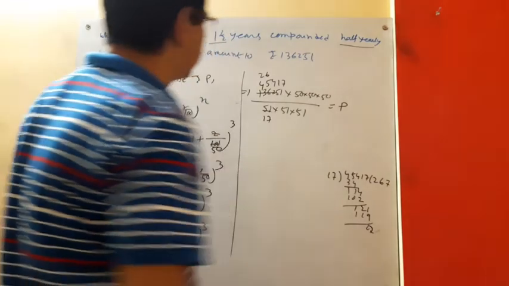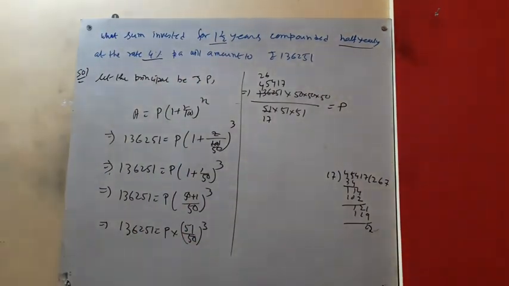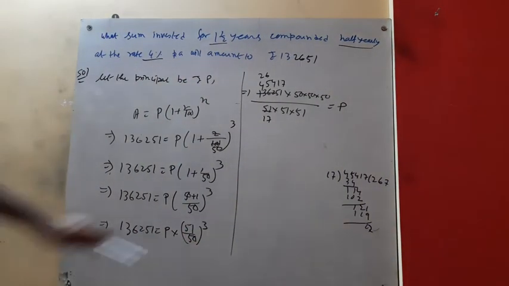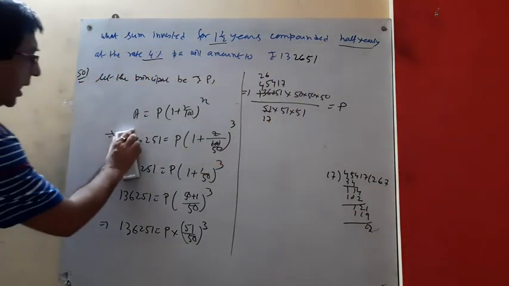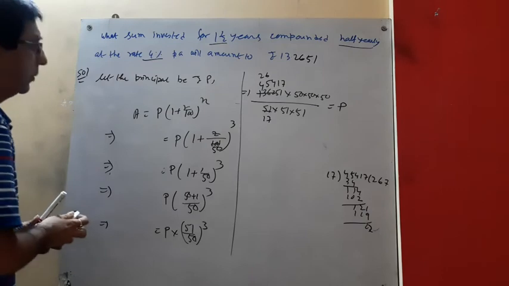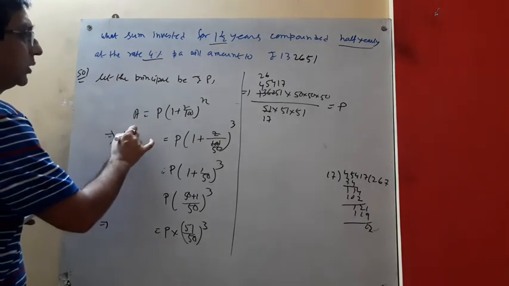It's not coming. Just a minute, I have to check the calculation. No, there is some problem. This should be 132651. So all the part will be changed. That's why it's not coming. Sorry, I'm extremely sorry.